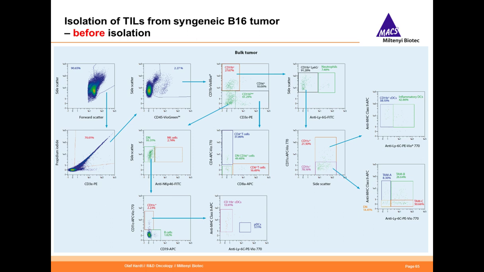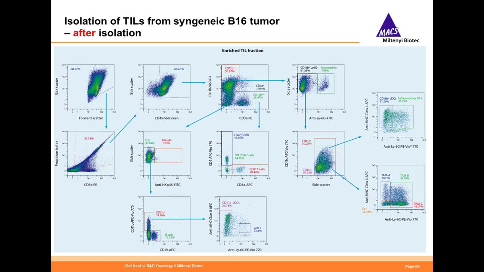This is just one example. What I have just pointed out in a numbers game is, we said, okay, we will not acquire more samples, but we just do a flow analysis on a B16 tumor without isolation, what you see here, and we just acquire 100,000 events to keep the time the same for the analysis. So this is the information on the subpopulations that you get when you acquire 100,000 events on the immune subpopulations.